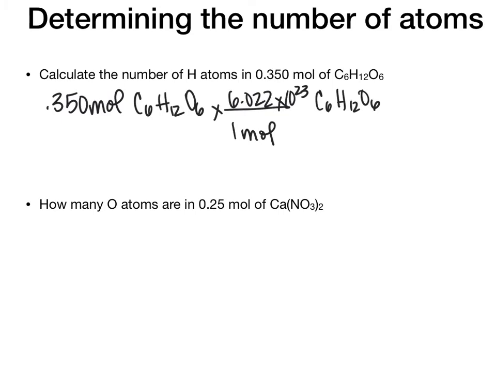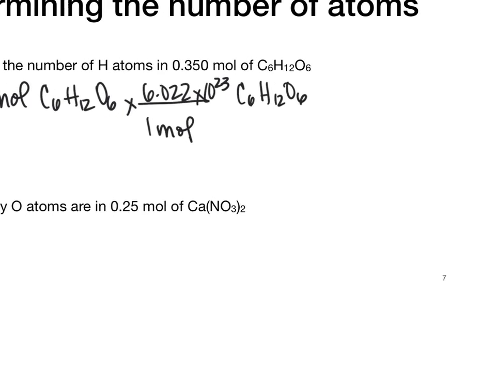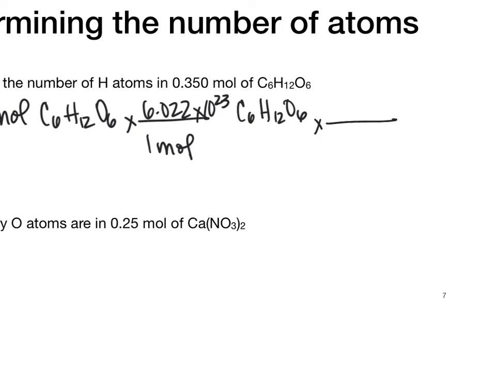This is glucose molecules. And so then we're going to say in 1 C6H12O6, there are 12 hydrogen atoms.